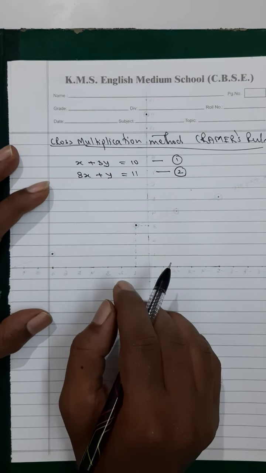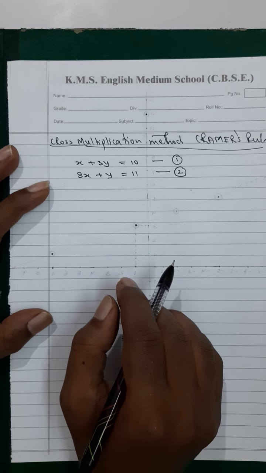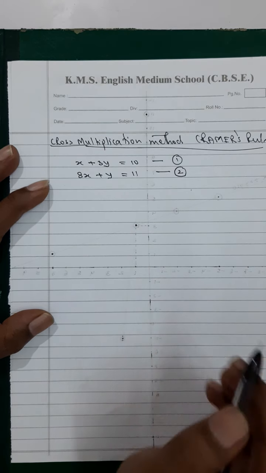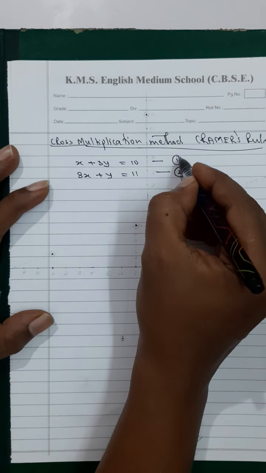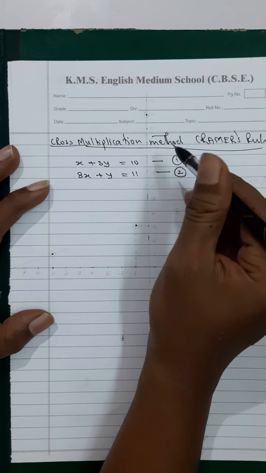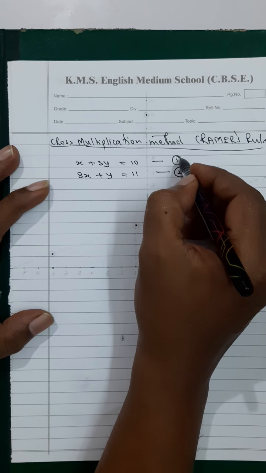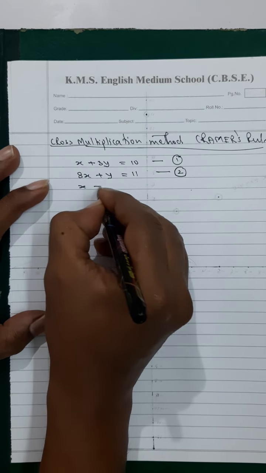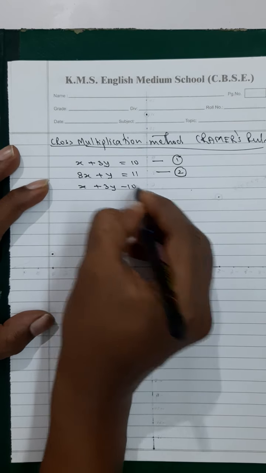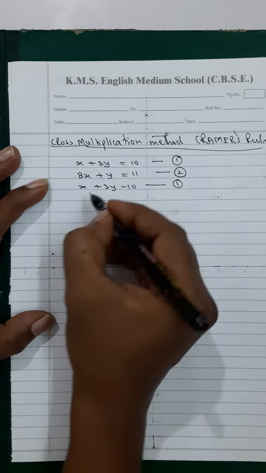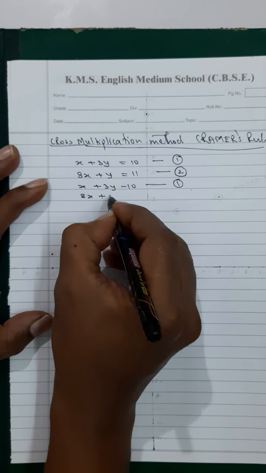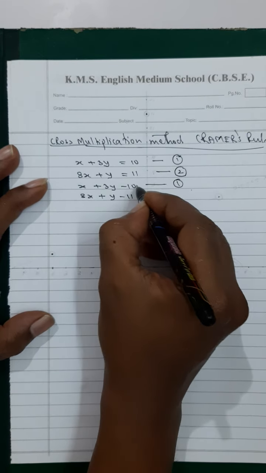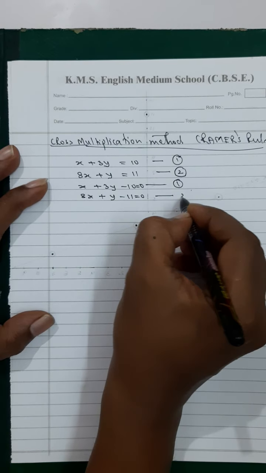So basically we have done this before also by this method. So I'll try to do it by, what should I do? Now I have written already. So x plus 3y minus 10 is my first, and 8x plus y minus 11 is equal to 0 is my second equation.